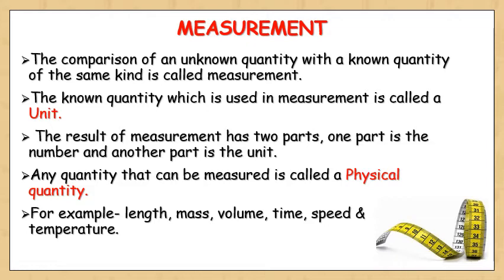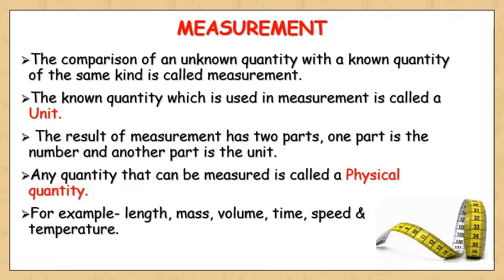Now, if you observe in each of these examples, an unknown quantity is measured by comparing it with a known fixed quantity of the same kind. So students, measurement is the process of comparing an unknown quantity with a known fixed quantity.